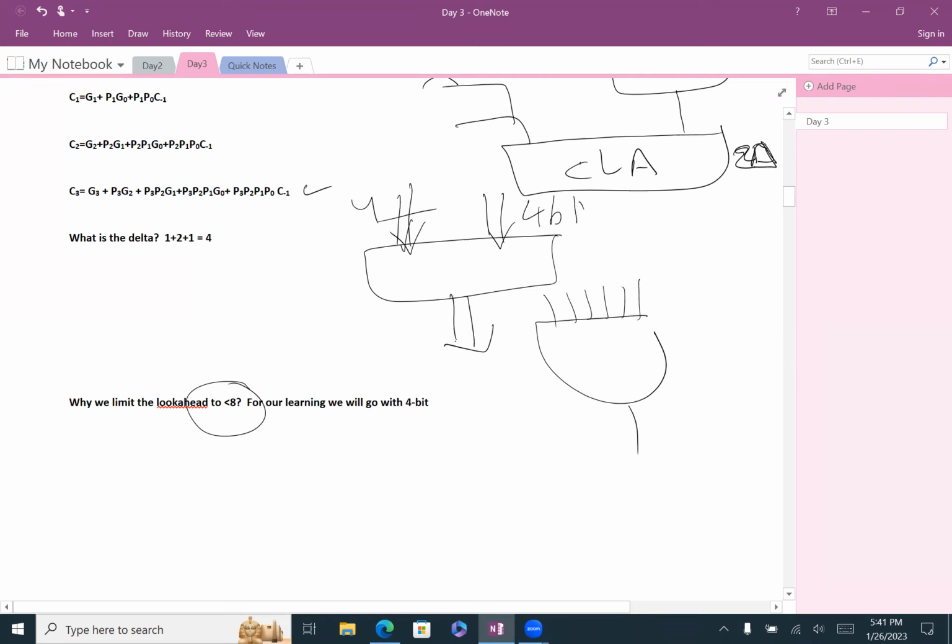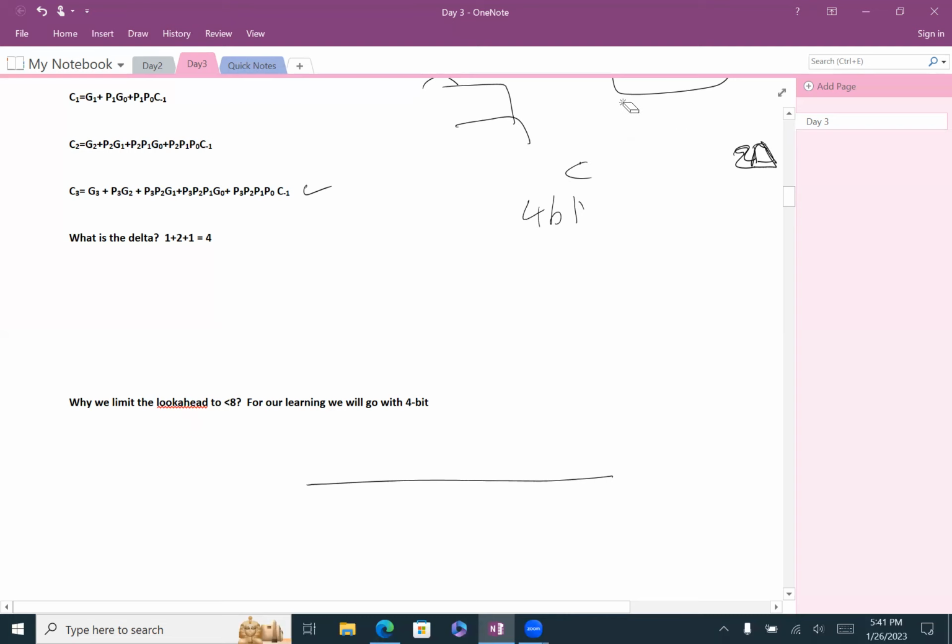So now, question for you. If you want to do a design for an 8-bit adder, can we use the carry look ahead? Can I do that, for example? Let me try to draw it here.